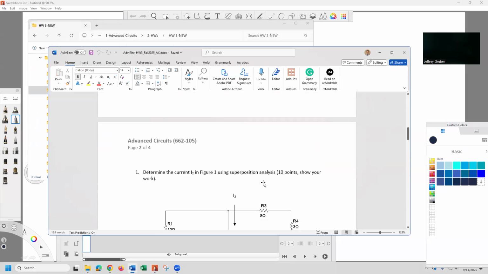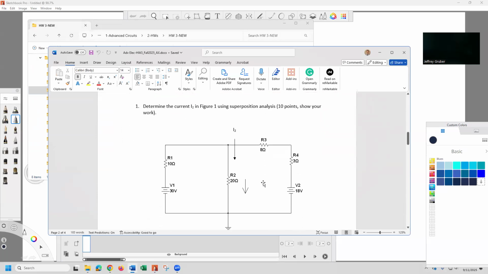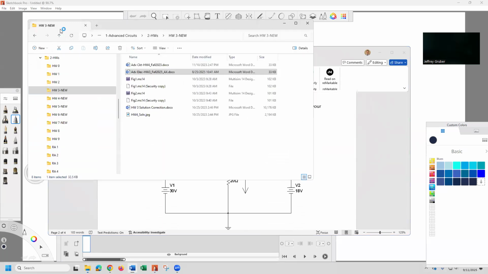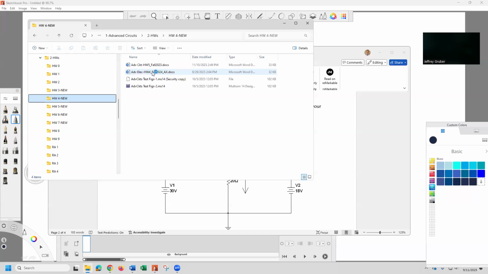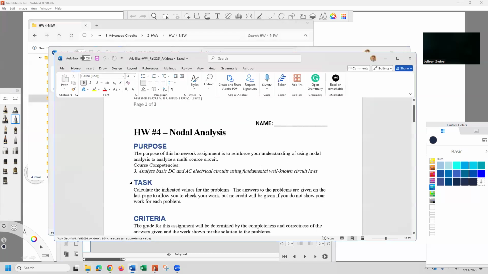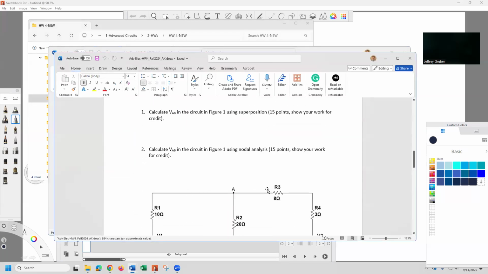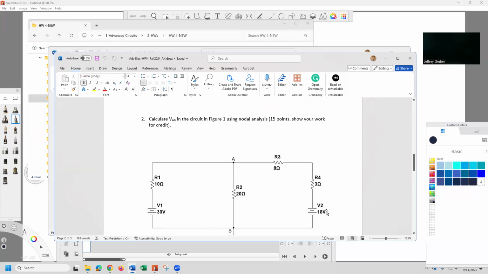So I believe it's the same circuit. So it's 10, 20, 8, 4. Okay, now let's look at 4. 10, 20, 8, 4. It's the same circuit.